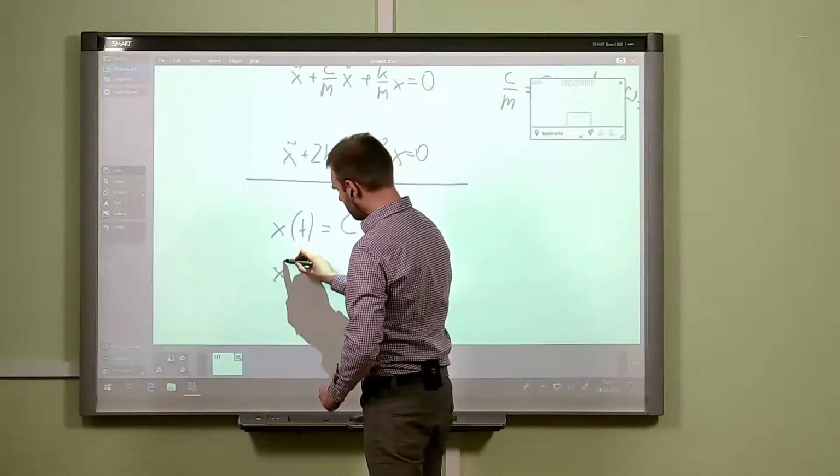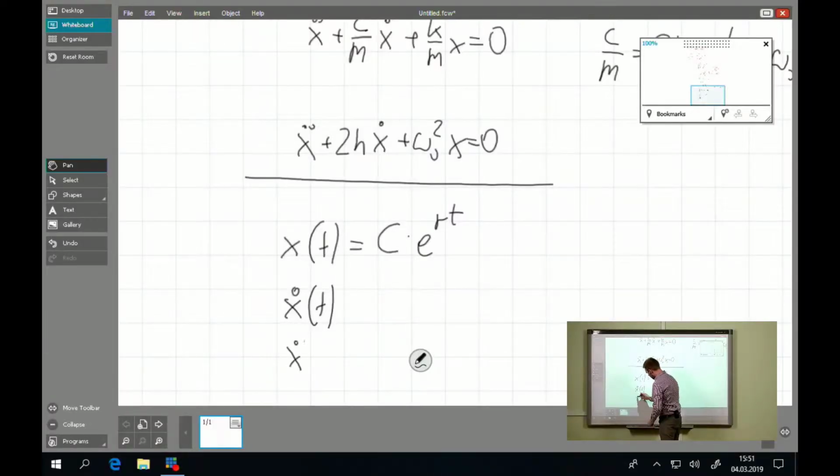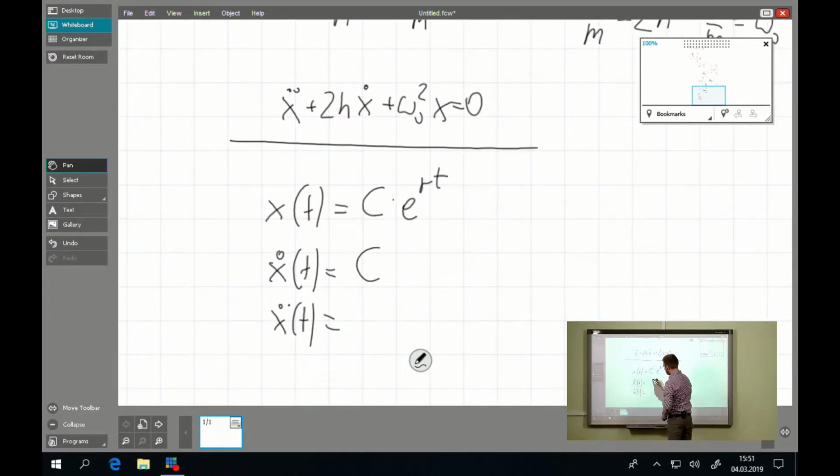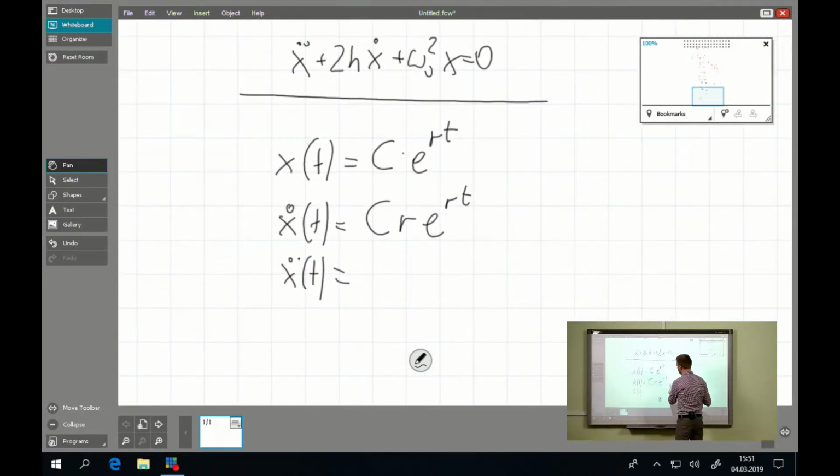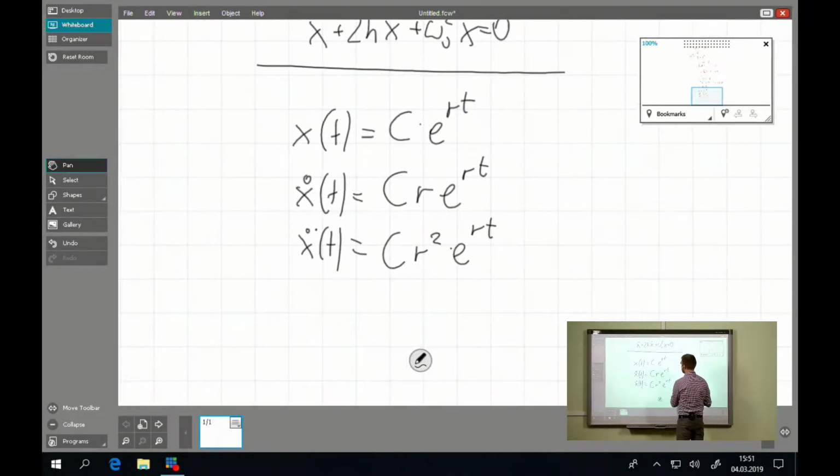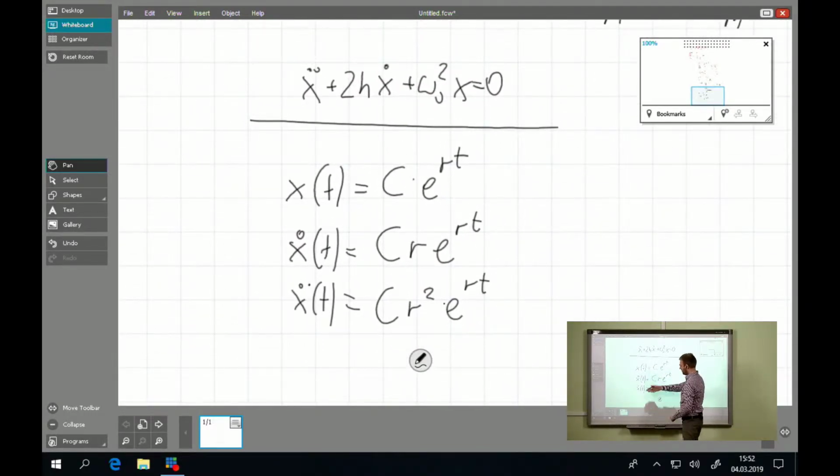For that, we are computing the first and second derivative of the predicted process. The first derivative is as follows: C R times e to the RT, and the second derivative will be C times R squared times e to the RT. Okay, we have the three derivatives.